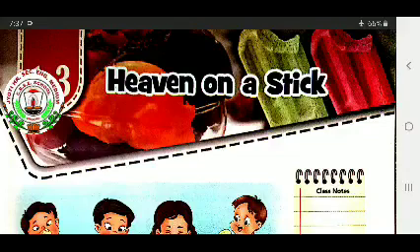Before proceeding with the next part of explanation, let's have a quick revision of the previous part that we did yesterday. Firstly, our chapter name, that is Heaven on a Stick.